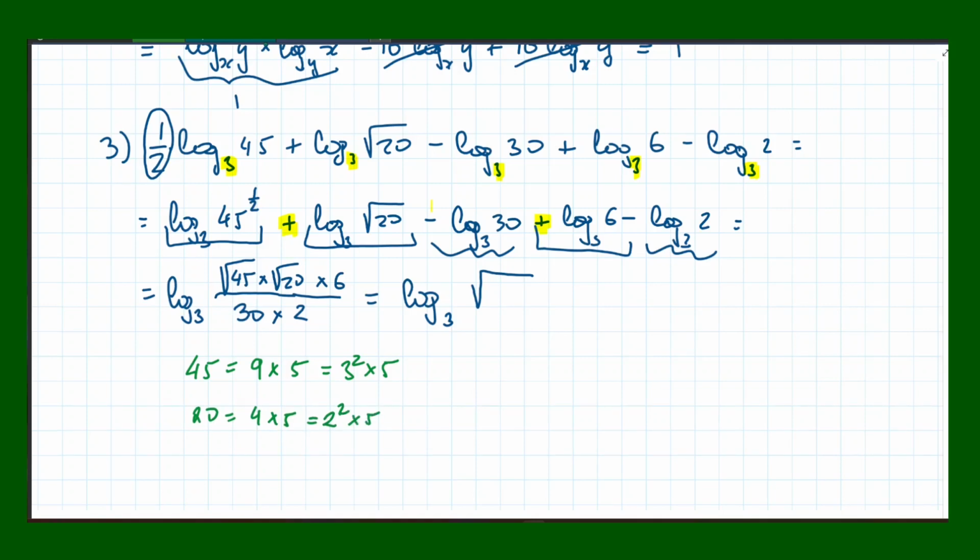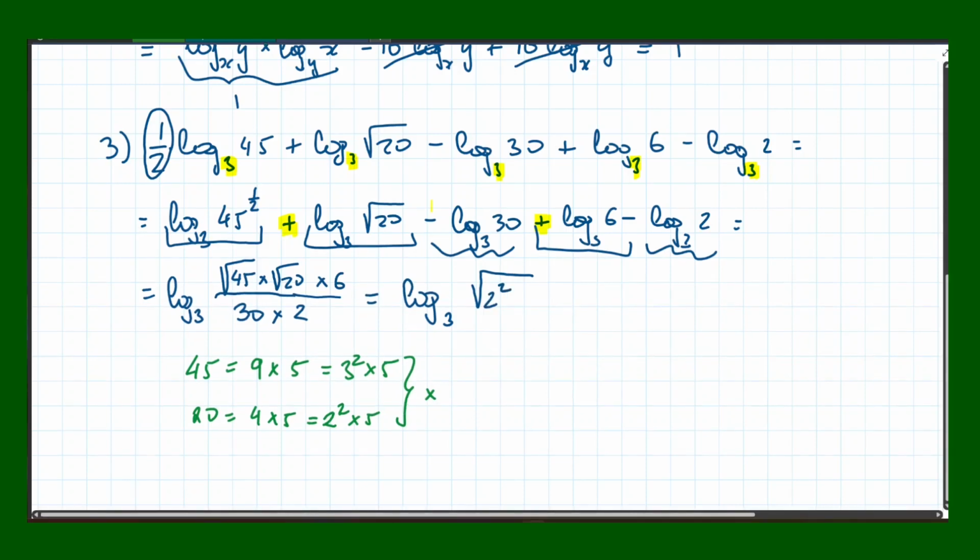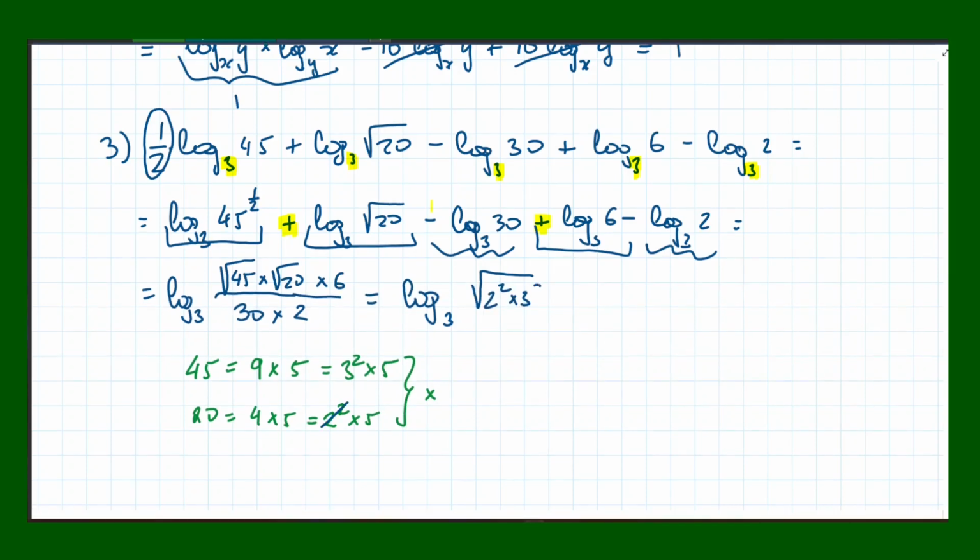So altogether under the root, I have got the multiple of these two numbers, which is 2 squared from here, times 3 squared from here, times 5, which is going to give me the 5 squared. So those two are also gone now. There is another 6 at the top, and at the bottom I've got 30 times 2, and 30 is just 5 times 6. So keep the log sign.